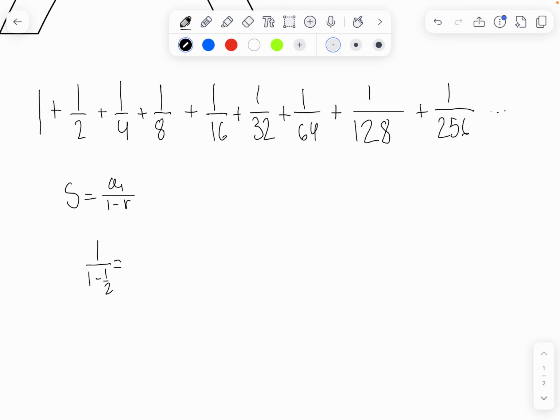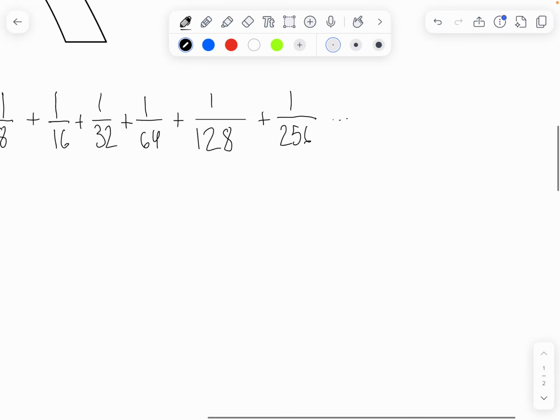So if we do that, we get that if we infinitely add these, we'd get a value of 2. So 2 is the limit. So it's going to infinitely add up, but it is never going to reach 2.